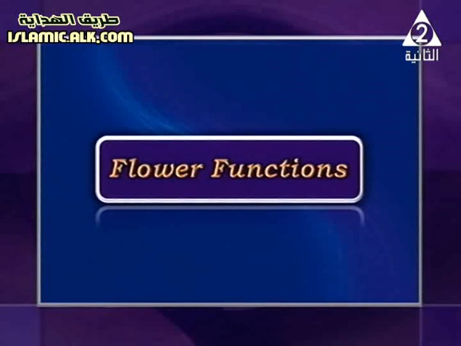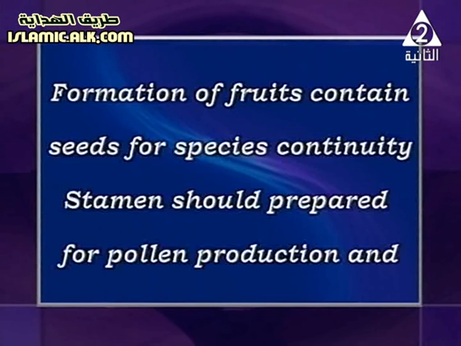Well, the flower functions. The flower, as we said, has the main function in reproduction. After sexual reproduction, the ovary transforms into fruit, with the formation of seeds inside it.